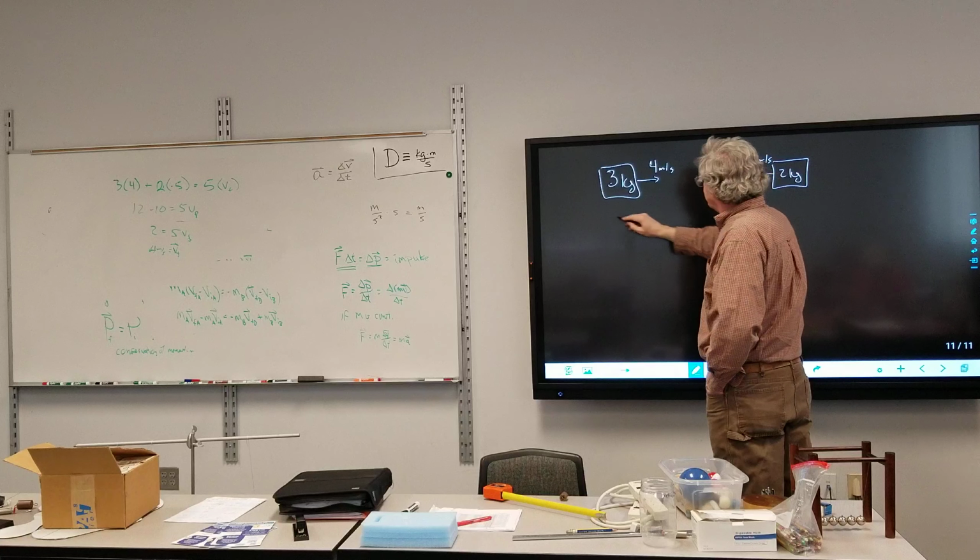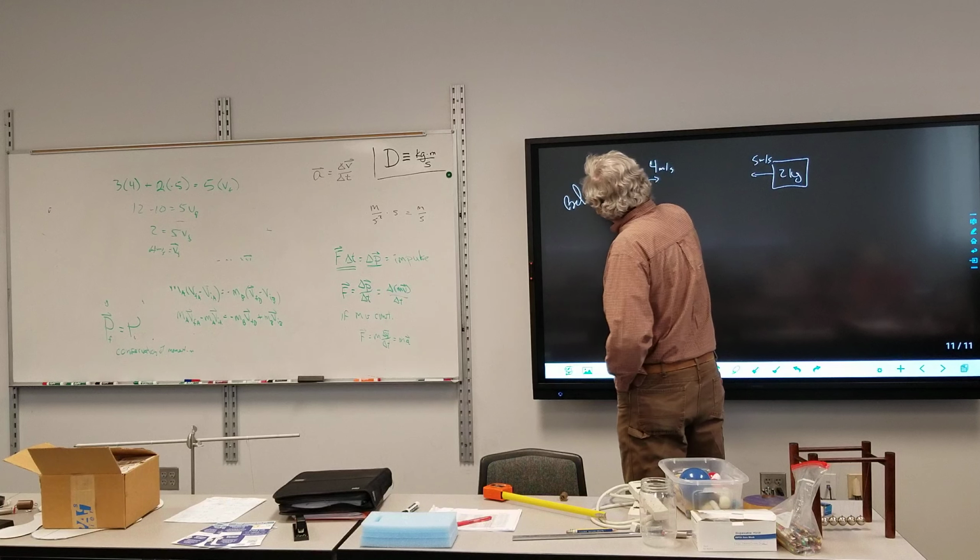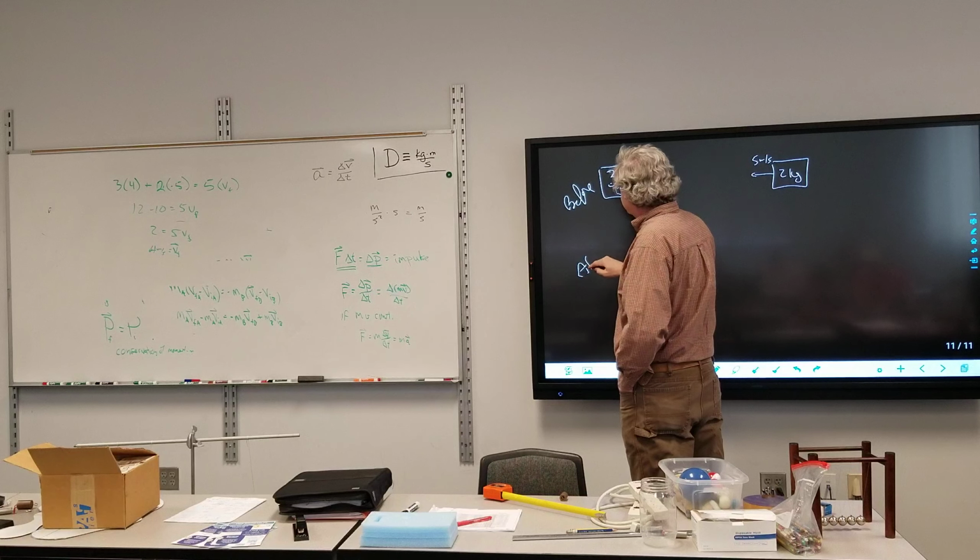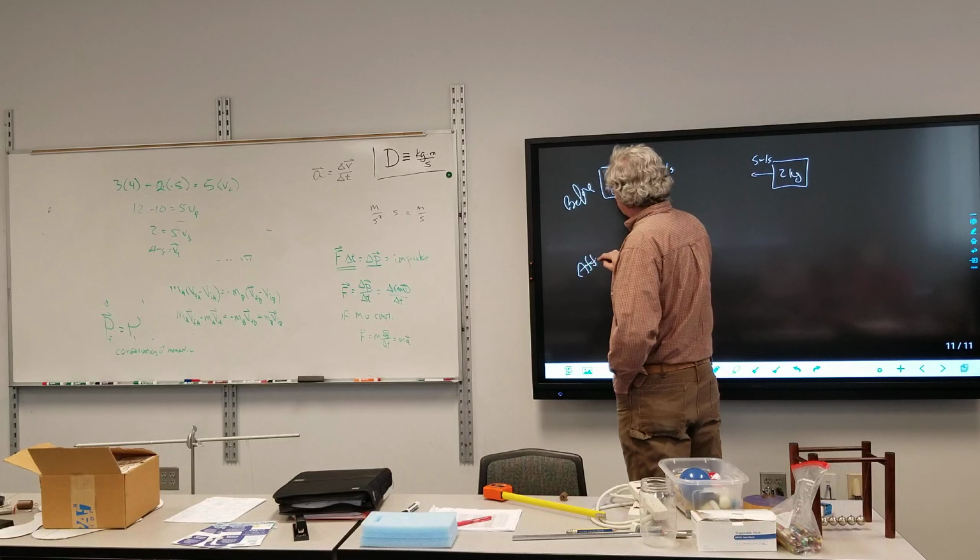And then after, this is before, after, the 3 kilogram mass is going to the left at 2 meters per second. The 5 kilogram mass, what is the final velocity of the 5 kilogram mass?